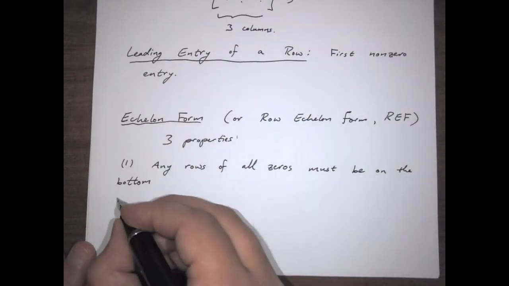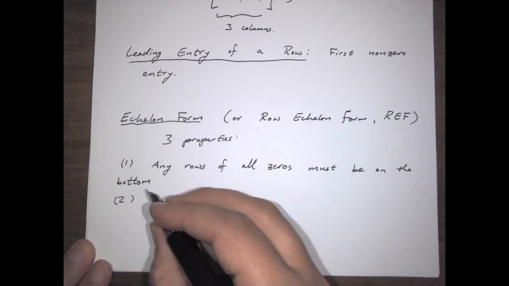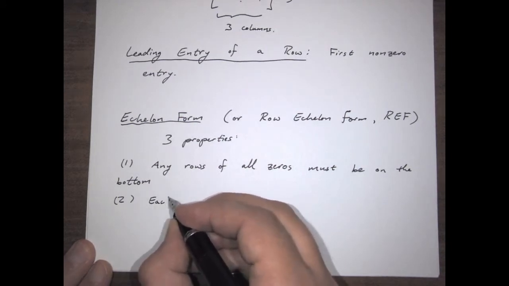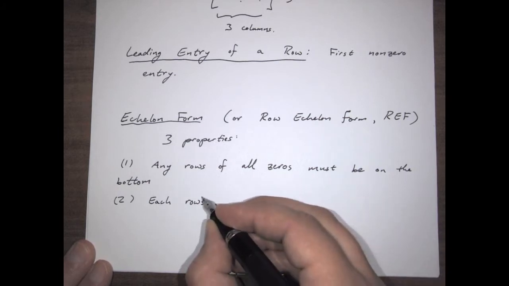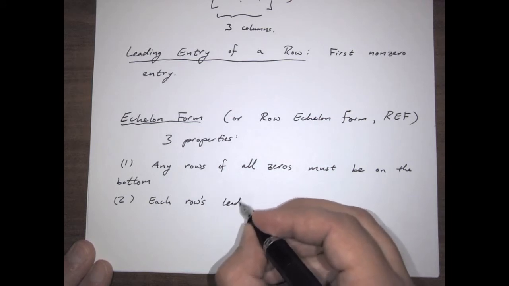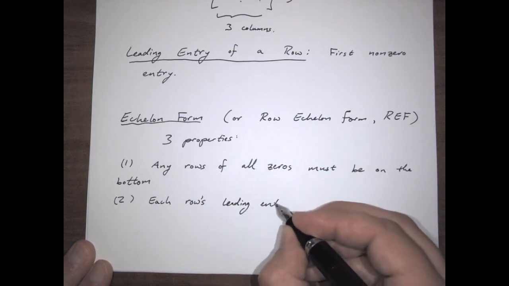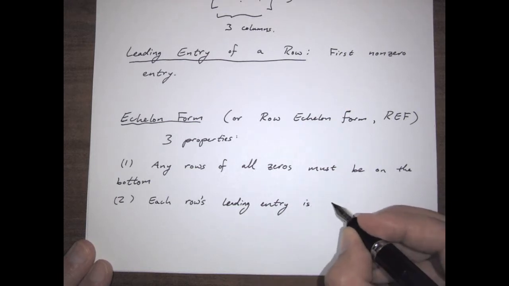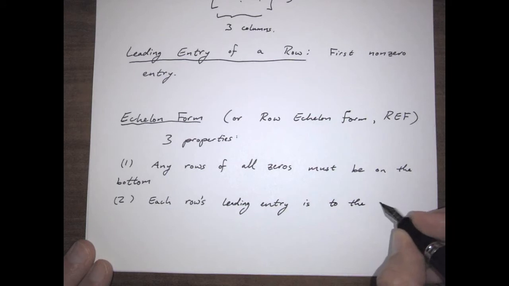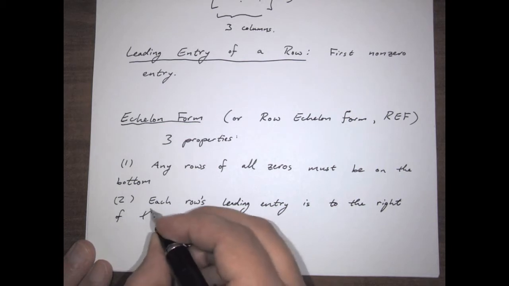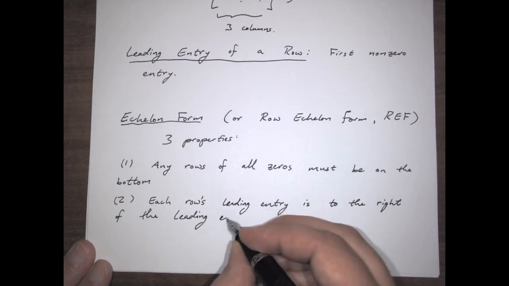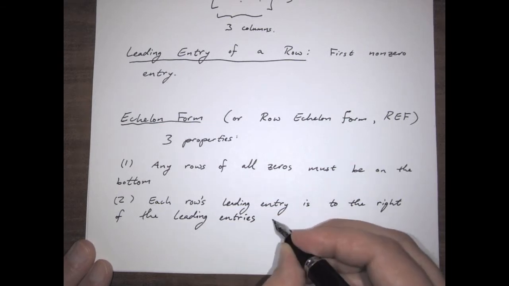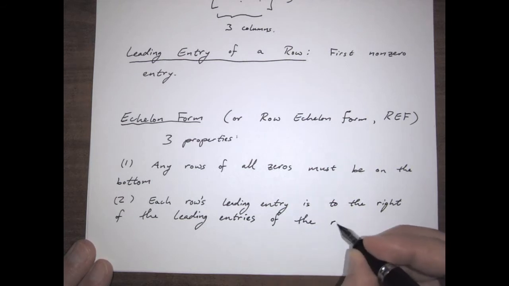2, each row's leading entry is to the right of the leading entries of the rows above it.